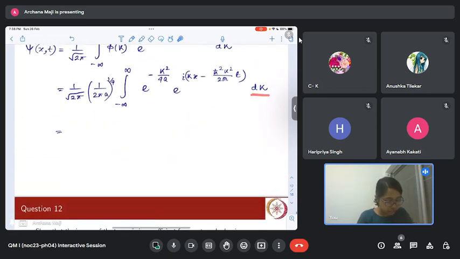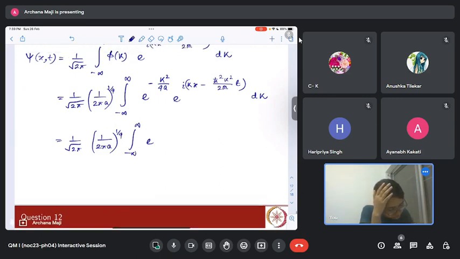So now again we have to do the similar thing, 1 over square root 2 pi, exponential, what do we get?